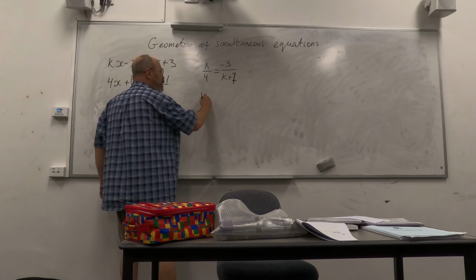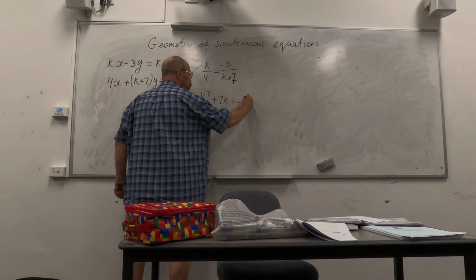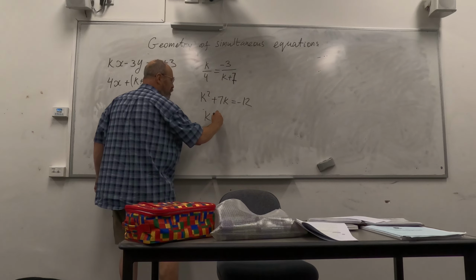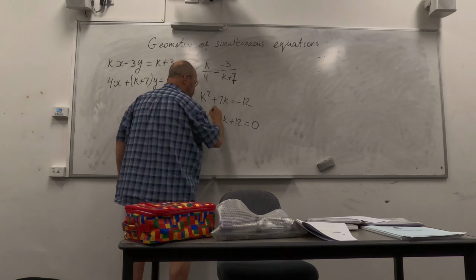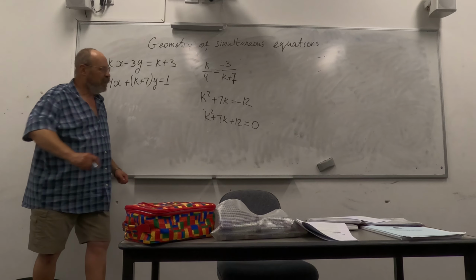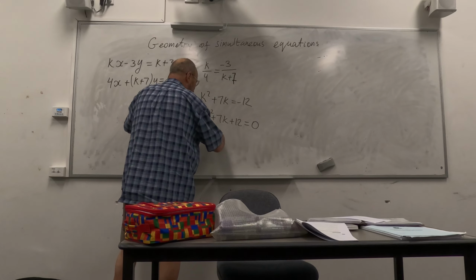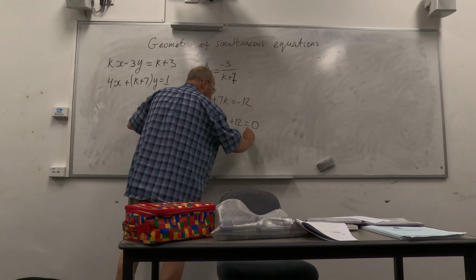So we will get k squared plus 7k equals negative 12, so k squared plus 7k plus 12 equals 0. If you factorize this, it factorizes to (k plus 3) times (k plus 4) equals 0.